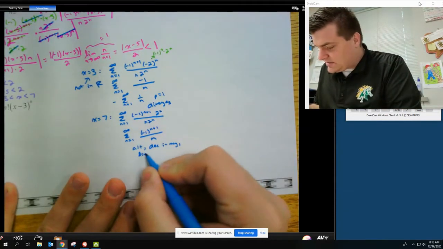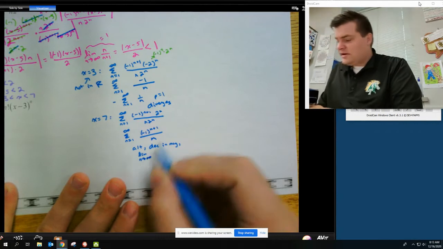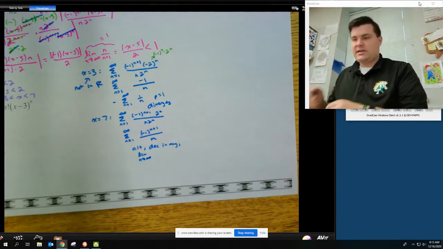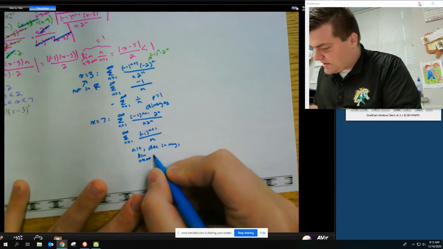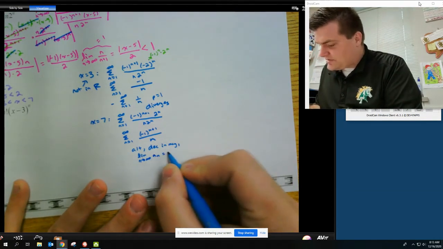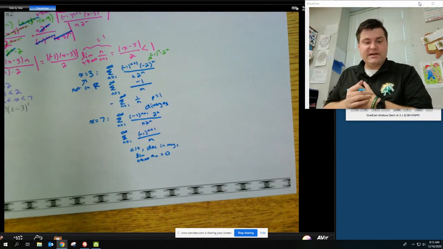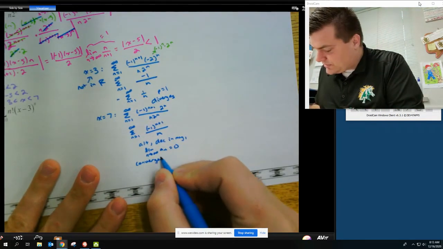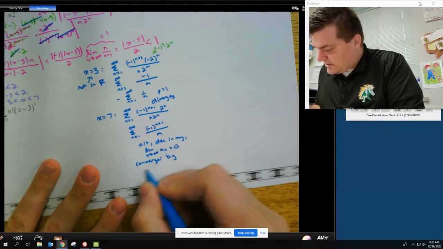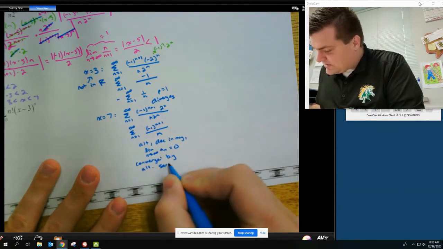And the limit, as n approaches infinity, is going to equal, since the bottom is larger than the top, it's going to equal 0, a of n is equal to 0. Okay, so because of this, this is going to converge by the alternating series test.